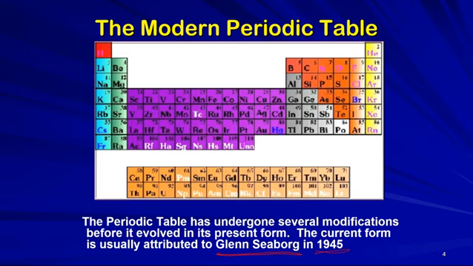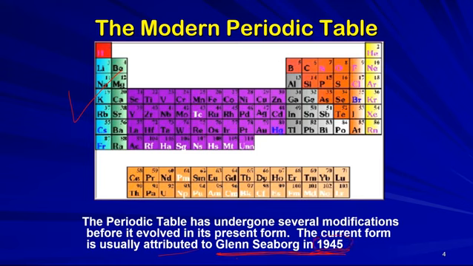So we can say that the periodic table has undergone several modifications through time, but the one we use today is attributed to Glenn Seaborg, who developed this periodic table in 1945.